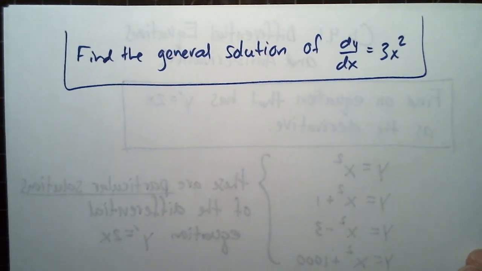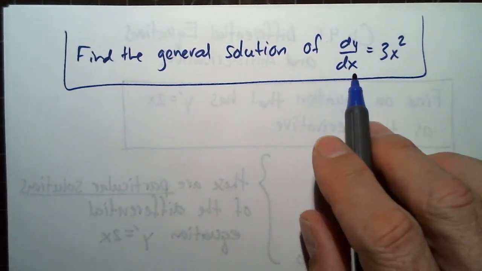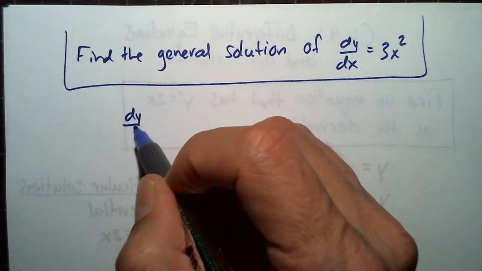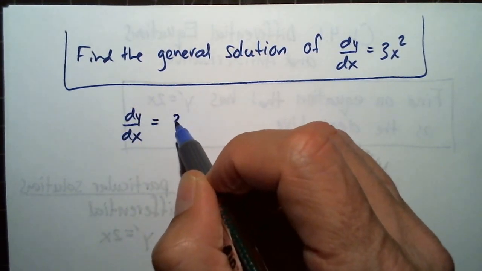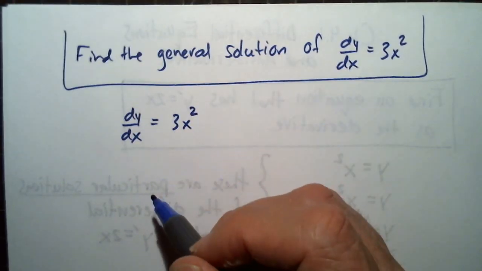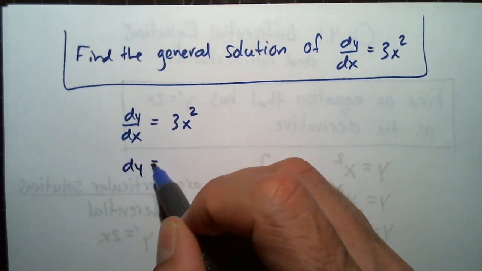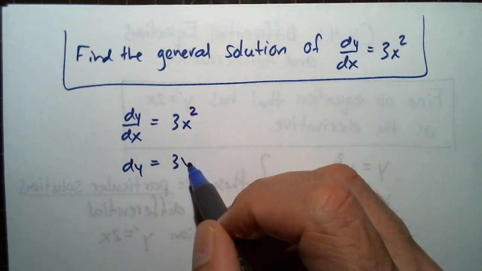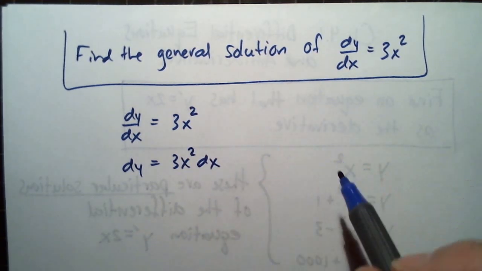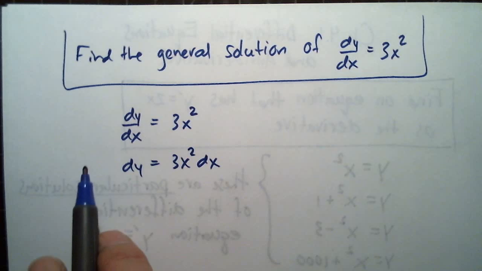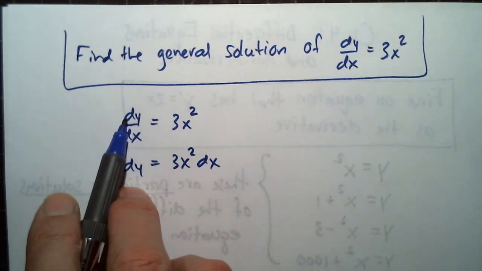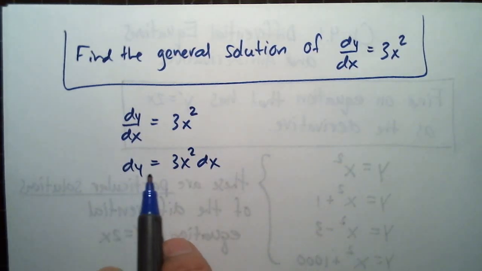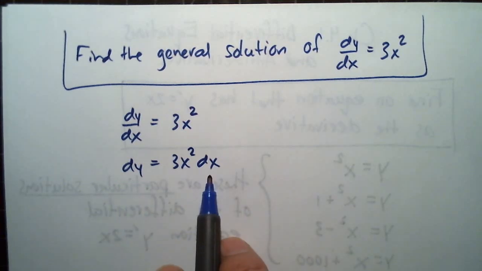All right. So here we have a differential equation. And we will multiply both sides by the differential of x. When we talked about differentials in chapter 3, that's the differential of y, the differential of x. Multiply both sides by the differential of x.